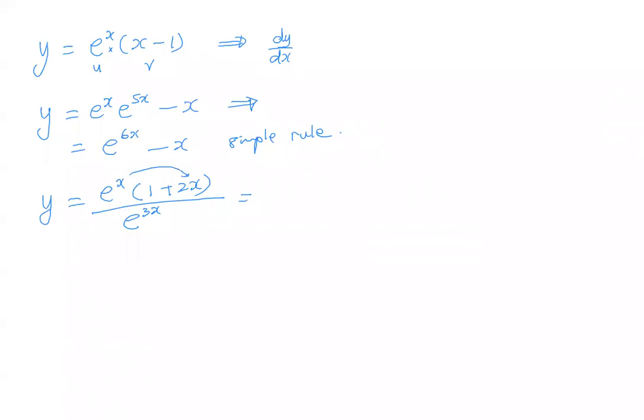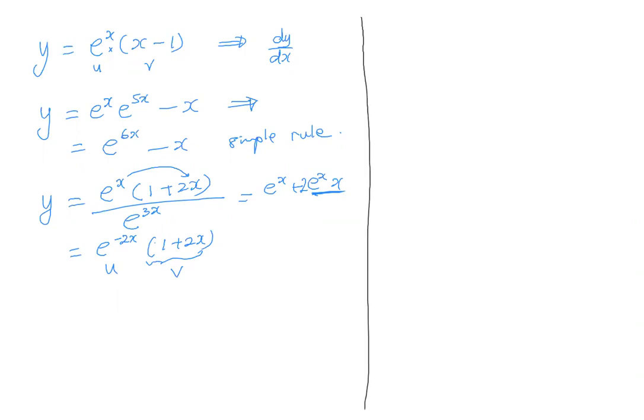When I multiply this out, it will be e^x minus e plus 2e^x times x. Can you use simple rule for this one? Cannot. So what I will do is simplify this first. So this is your u, this whole thing is your v. Everyone has to know how to decide which rule to use. The decision is in your hand.